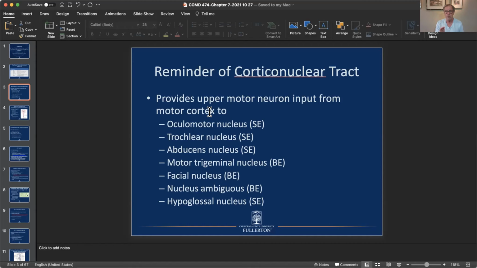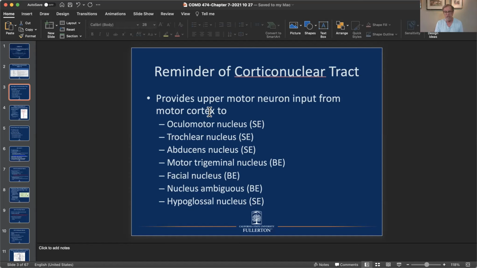And the nuclei that receive input from the cortical nuclear tract are the three nuclei. The first 3 go to extraocular muscles, the oculomotor nucleus, the trochlear nucleus, and the abducens nucleus. Number 5, the trigeminal, one of its nuclei gets motor input from the cortical nuclear tract, and that's the motor trigeminal nucleus.